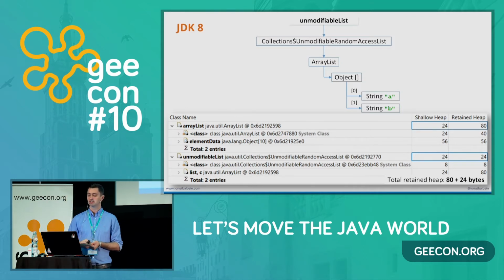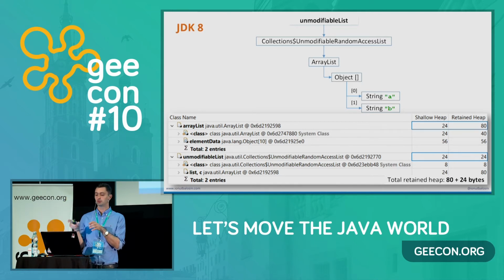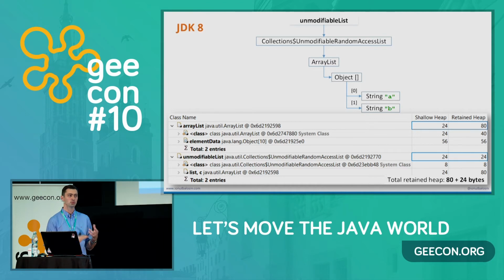In JDK 9, you see the unmodifiable list, and there are a few pointers of indirection. The first one is towards the unmodifiable random access list. It refers to the ArrayList. It refers to the object array, which has references to the elements themselves. So in practice, if you create such an instance and measure it, it has around 104 bytes of retained heap.